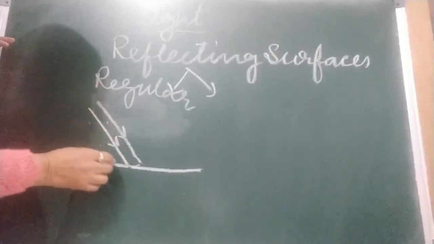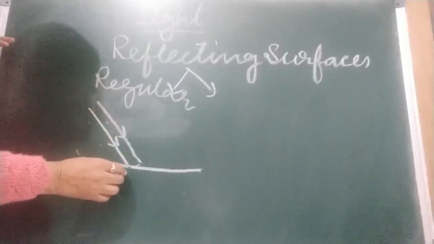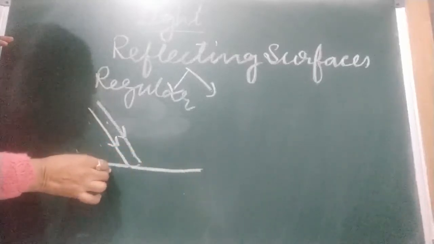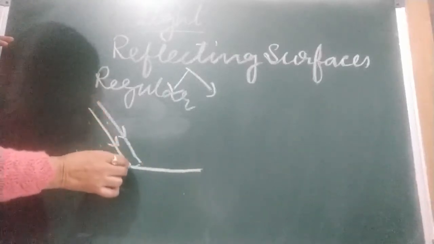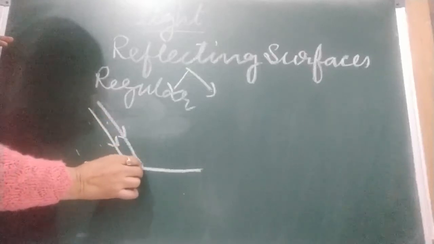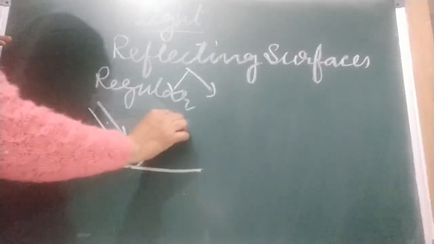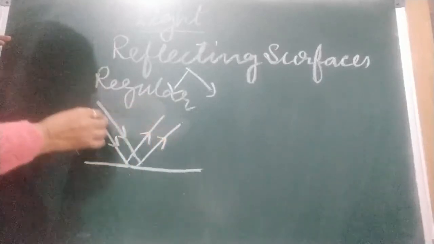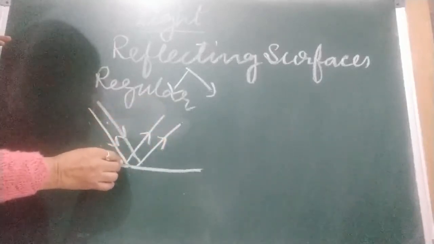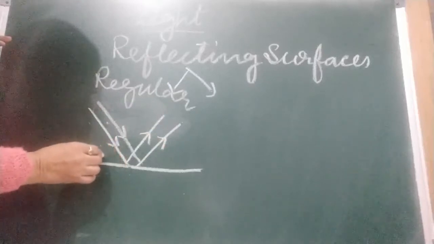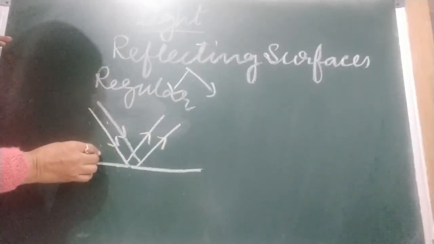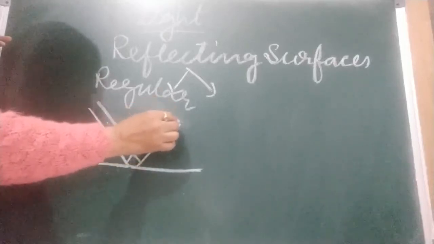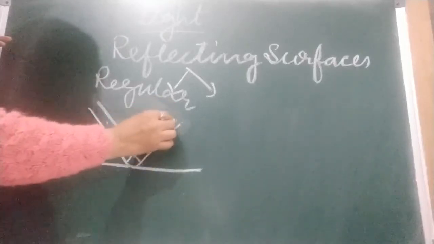On a smooth surface, light incident in only one direction reflects in only one direction. After reflection it is going in one direction.